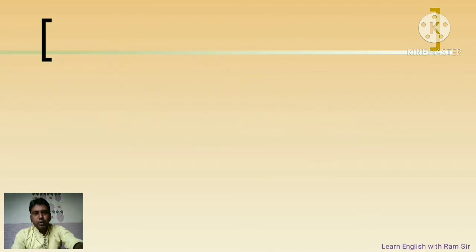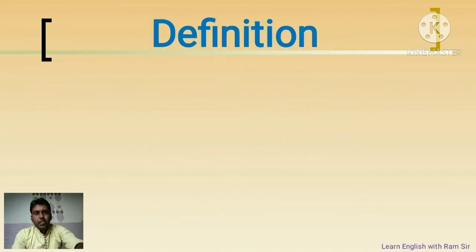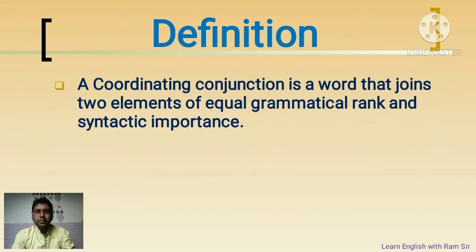Before starting the actual topic, let me tell you the definition of the conjunction. A coordinating conjunction is a word that joins two elements of equal grammatical rank and syntactic importance.